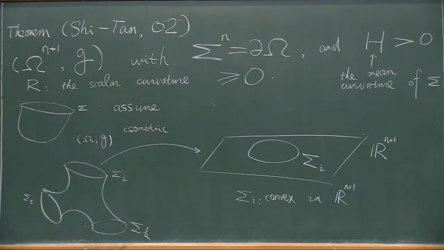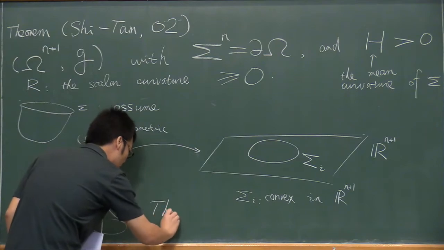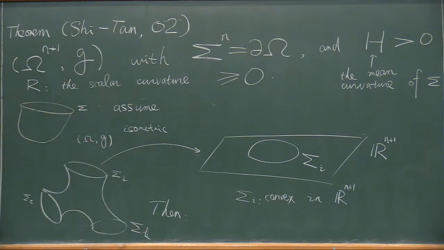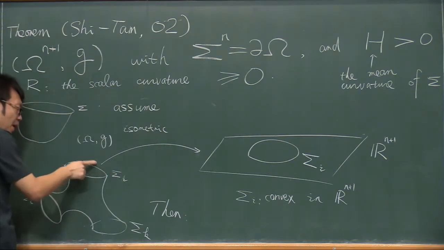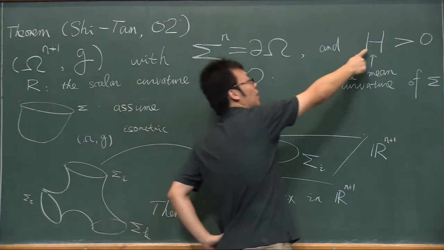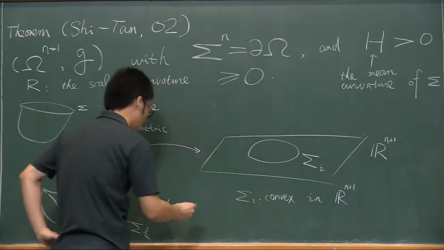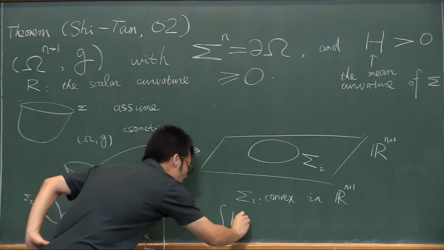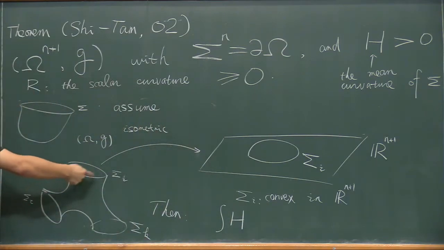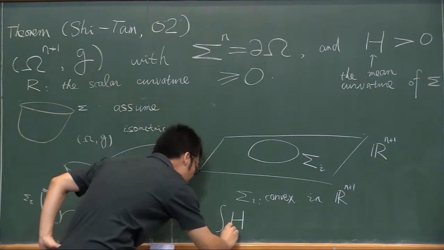All right, under these assumptions, the result of Shi and Tam is the following. Then, in this physical manifold (Omega, g), one has the mean curvature of the boundary. So at this boundary component, we have this mean curvature function H, and we can consider the integral of H along Sigma_i. So that's the total mean curvature.